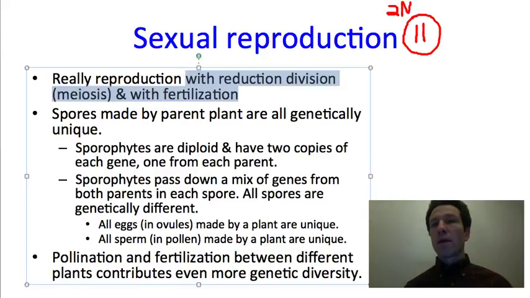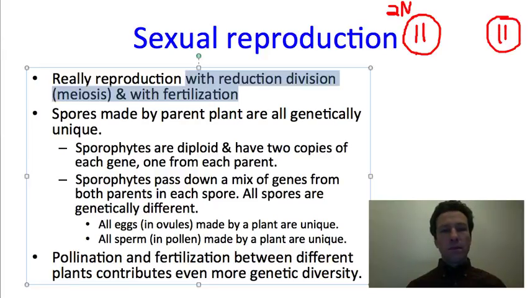So here's one parent plant that is going to make pollen. Here's another parent plant that is going to make an ovule. They're both diploid. In sexual reproduction, then we are going to get at some point a reduction division, and that can happen right here. In the reduction division, this in an angiosperm life cycle would be when we are making the spores that will eventually give us ovules or pollen.